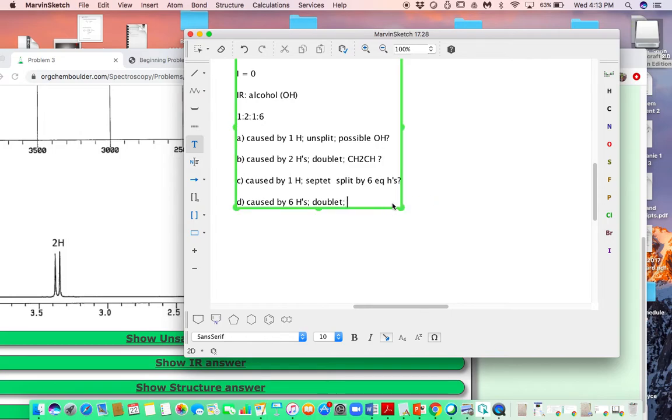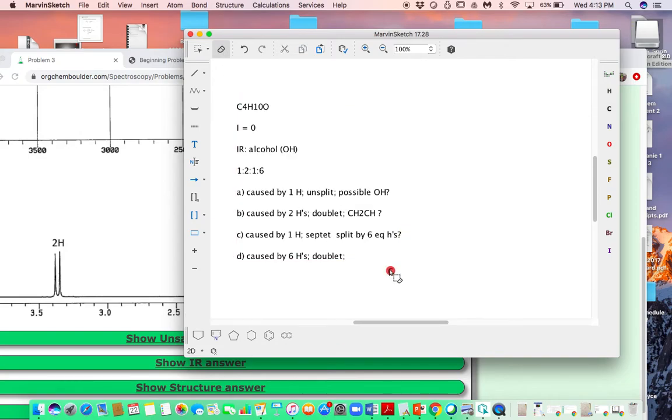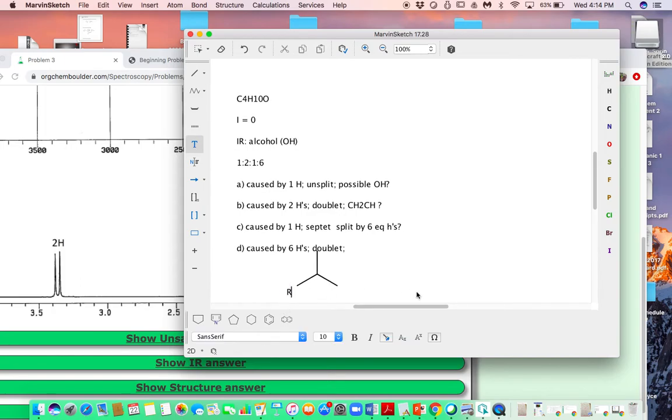All right, and if these 6 H's are split into a doublet, that means I probably have a sequence where I have one hydrogen. I'm just going to put an R group over here.